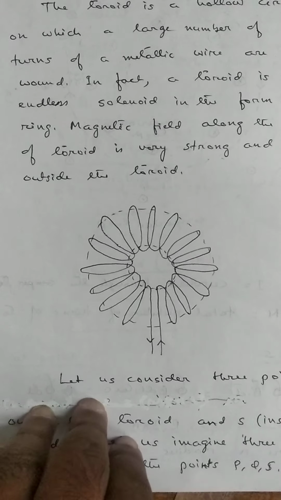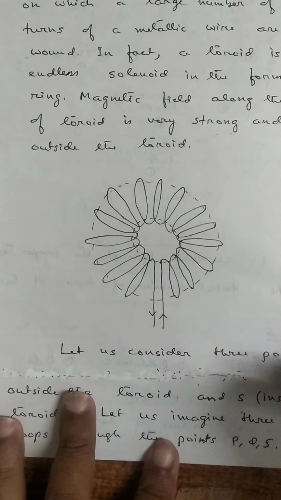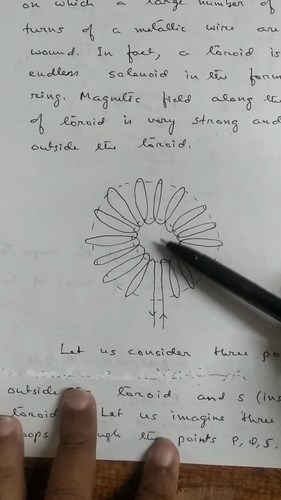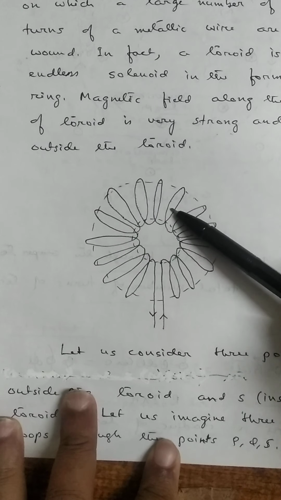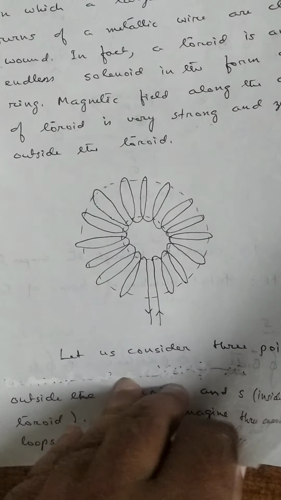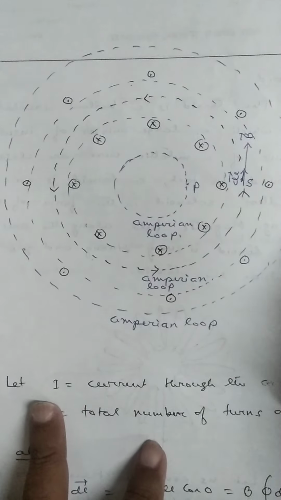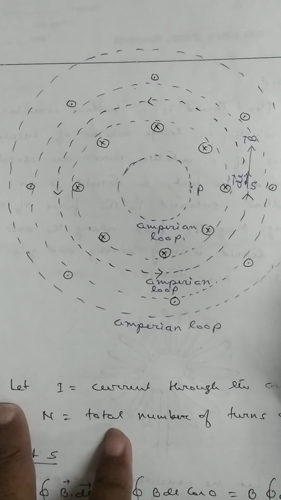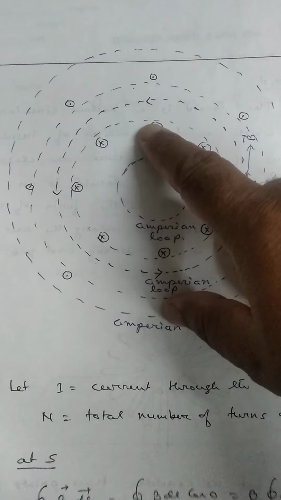So in order to apply the Ampere circuital law, in this case, I consider 3 Amperian loops, one in the central part of the toroid, one outside the toroid, and one along the axis of the toroid. So this is the cross-sectional view of the toroid. Okay, these are the wires.